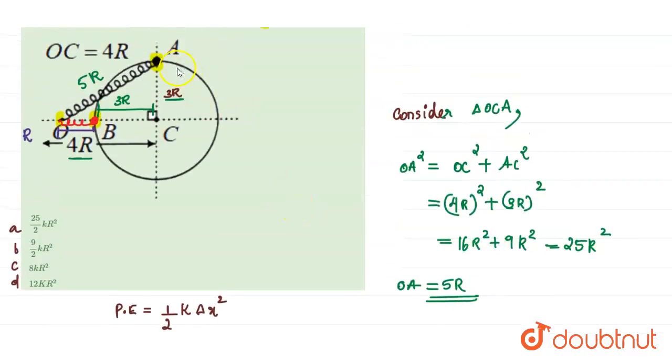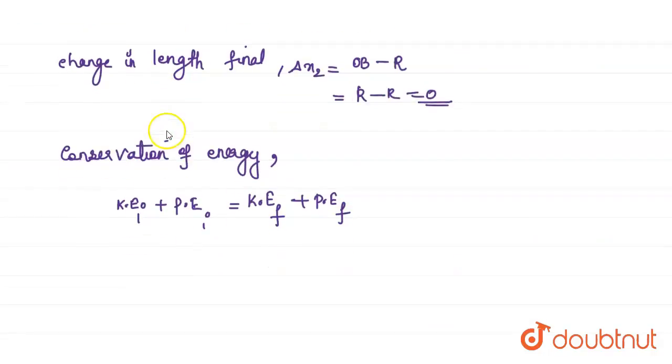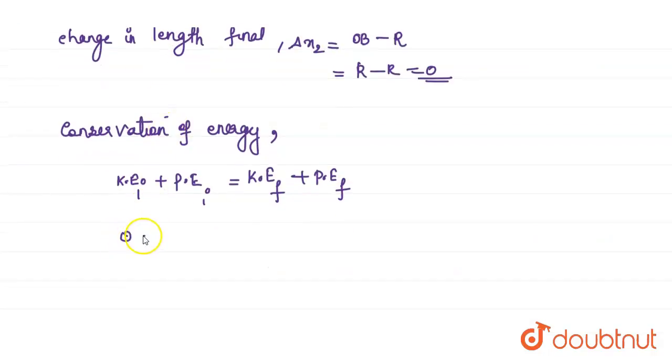Initially the mass is at point A, at rest, so the initial kinetic energy is 0. The initial potential energy is half K delta x1 square. The final energy is the final kinetic energy plus the final potential energy, half K delta x2 square.